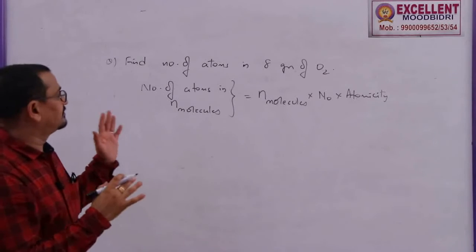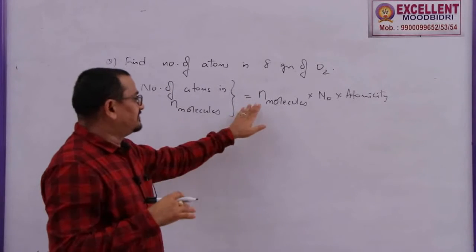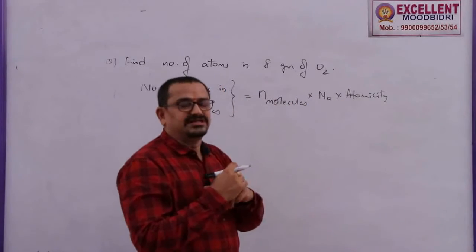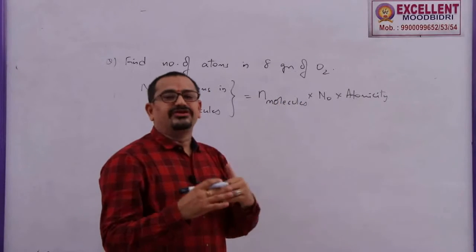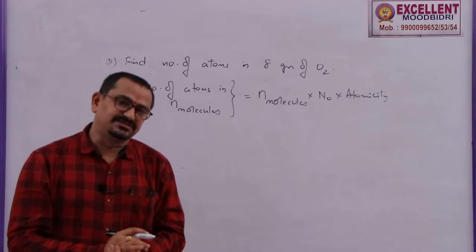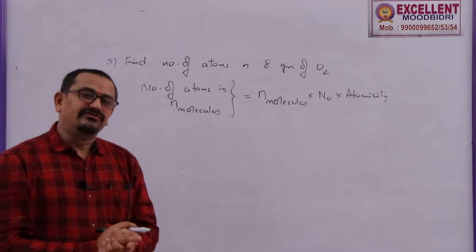What is meant by the term atomicity? Atomicity is nothing but the total number of atoms present in one molecule of a substance.